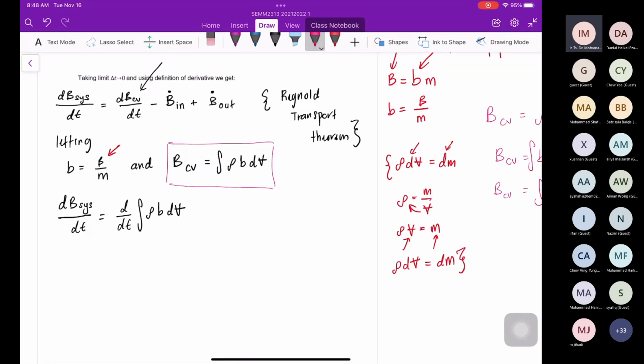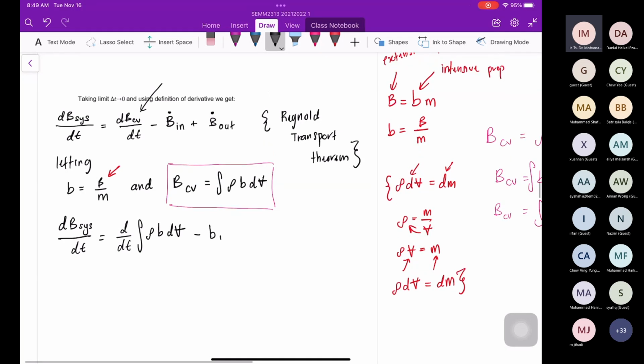So I substitute in the expanded form, minus b1. Remember that capital B is small b multiplied with mass. This is b1 multiplied with mass over time.